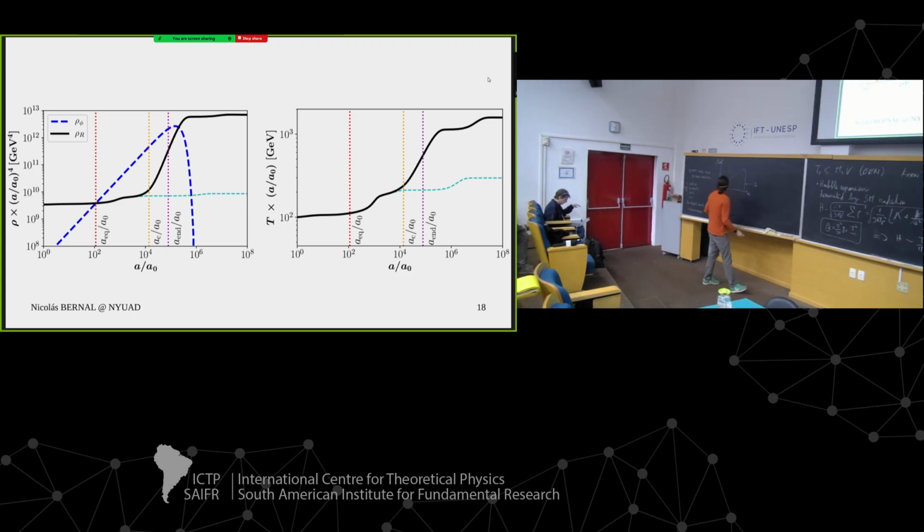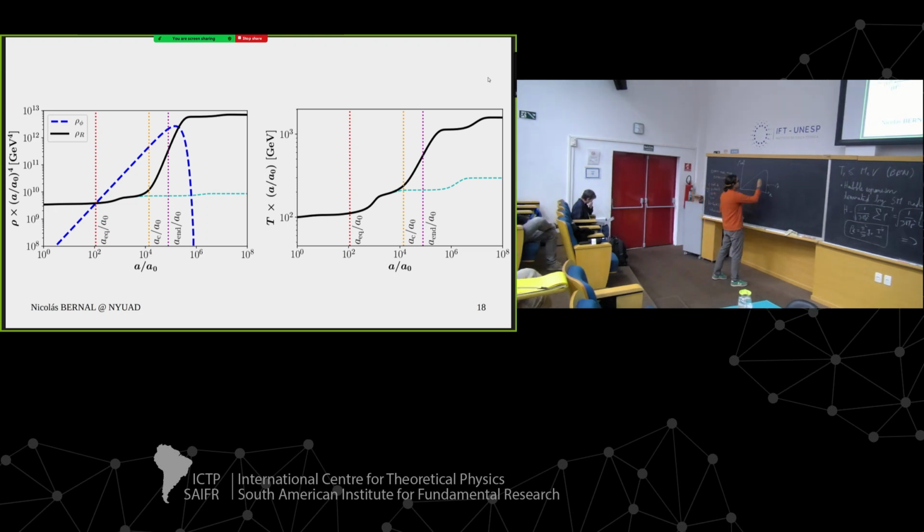And now let me put some scales here. This scale, what I call a end, means the moment when it completely decays, something like this. And I will call this a critical, and this the equality.